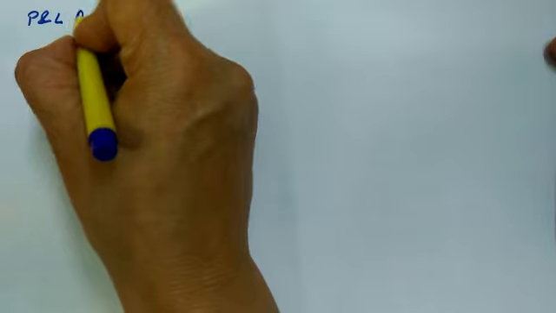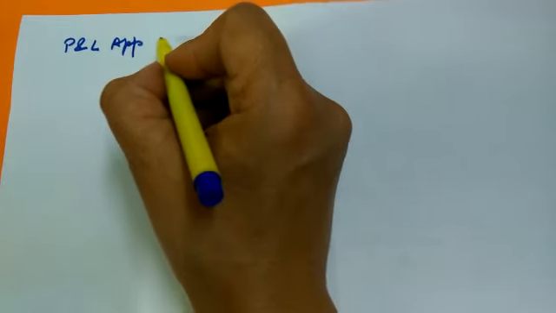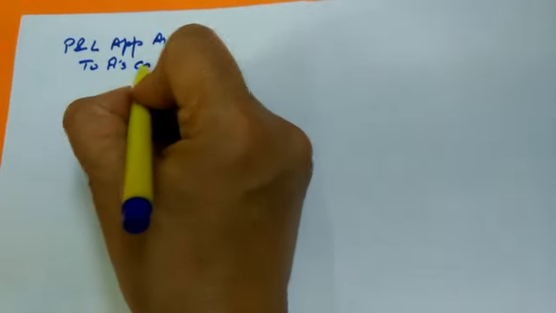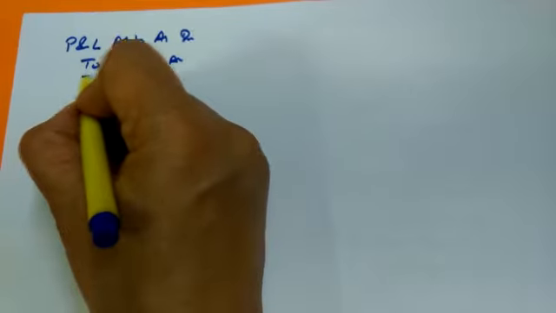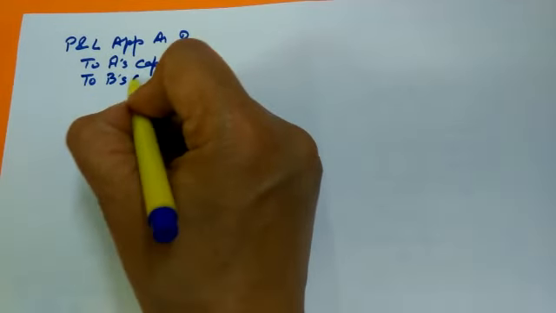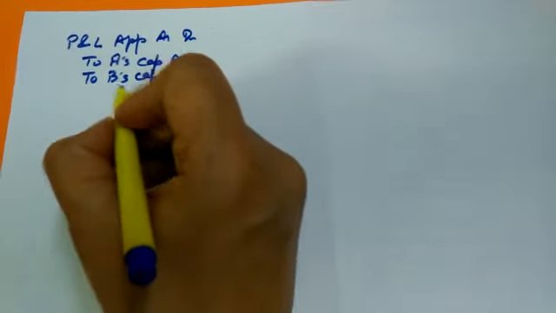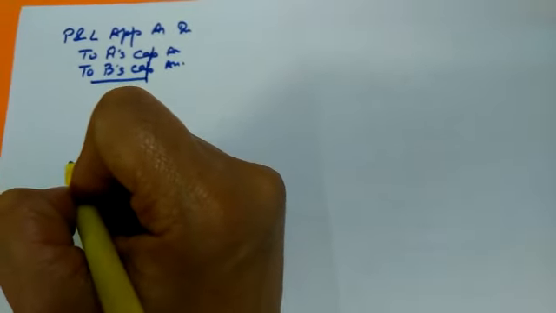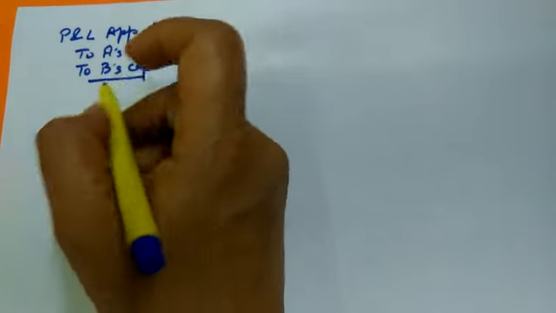The journal entry for that will be profit and loss appropriation account debited to partners capital account. Let us assume the names of the partners are A and B. This is the journal entry. The narration will be being profit transferred to partners capital account, in case of profit.